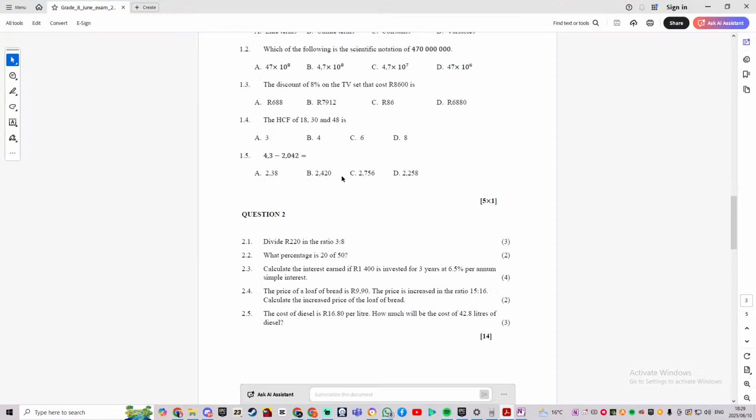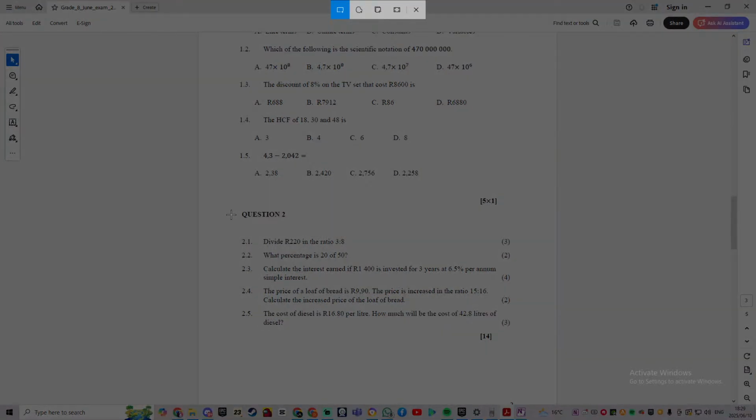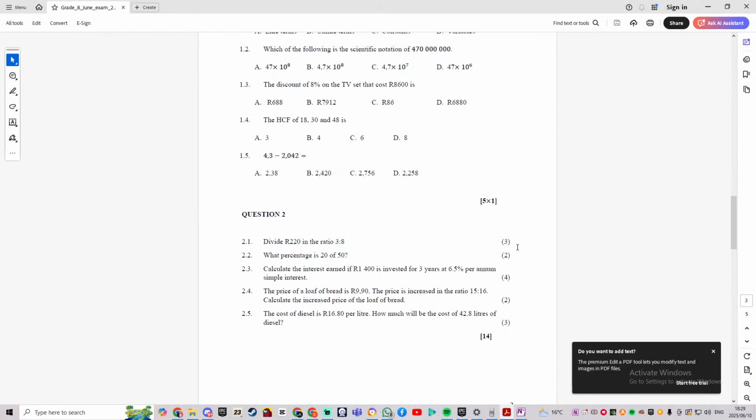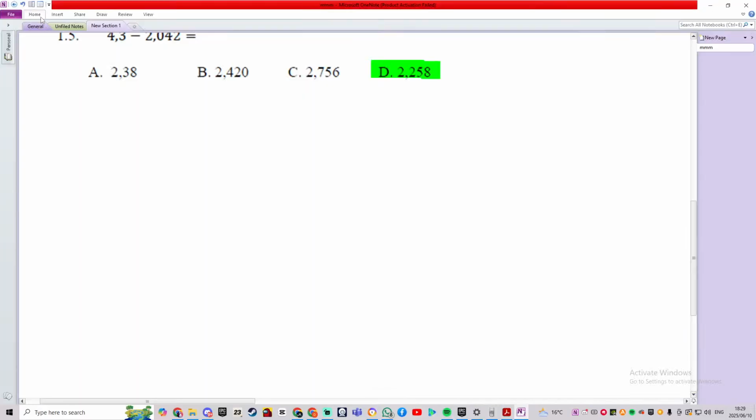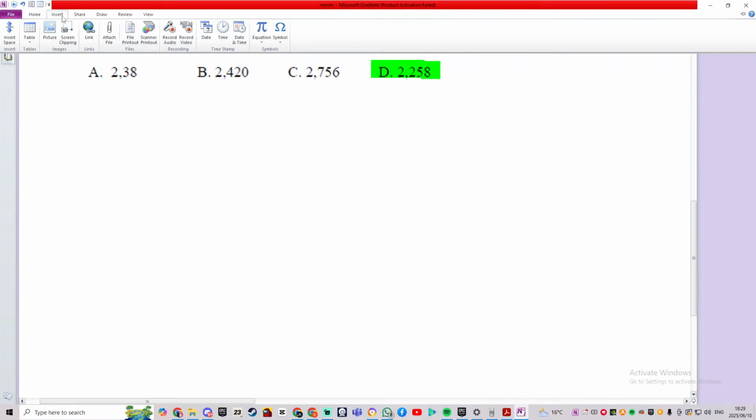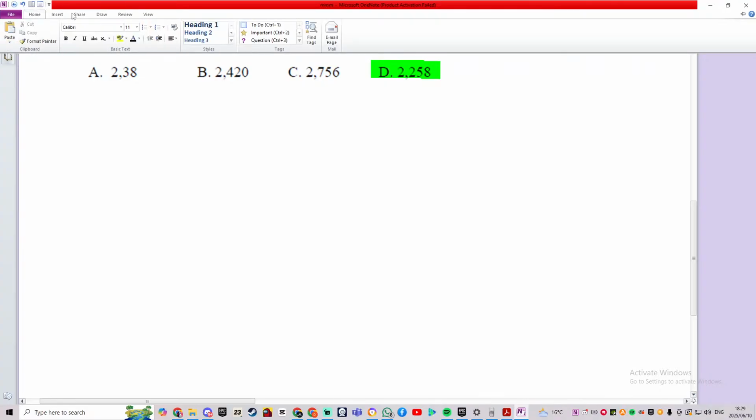Guys, what's going on? Snippet 2, question 2. No, it doesn't want to paste now. Okay, give me 1 second.